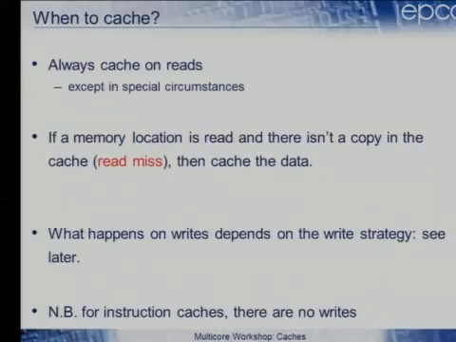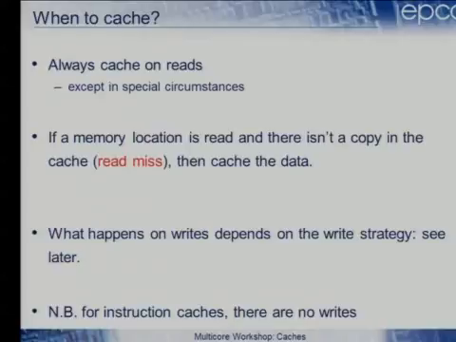So typically, again, these are all typical. We always cache on reads. There may be special instructions for non-caching reads and such like in certain systems, but typically you cache on read. If a memory location is read and there isn't a copy in the cache, and that's called a cache miss, you cache the data.